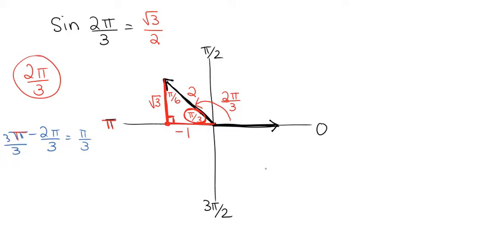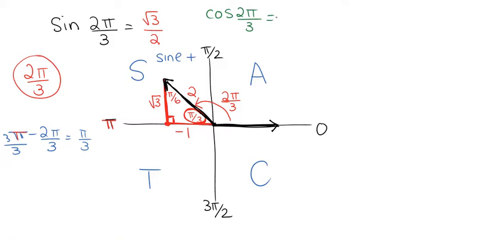Also, there's this thing called the CAST rule that we learned last year, CAST, and the CAST rule just tells us which trig ratios are positive. So in quadrant 2, it turns out the sine ratio is positive and all of the other ones will be negative, which makes sense because let's check out what would cos of 2 pi over 3 be.